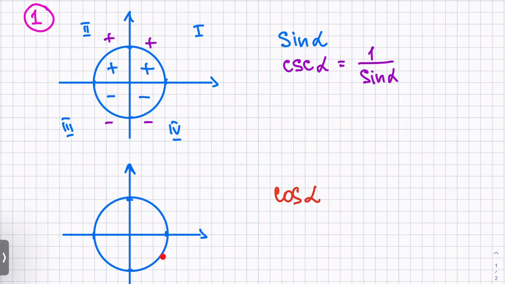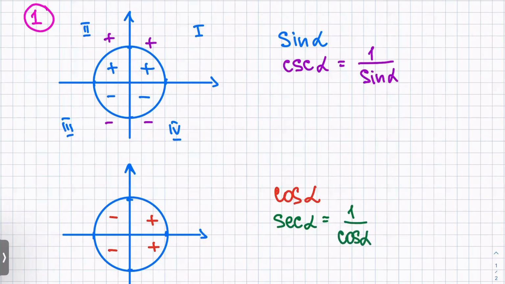They are also positive in the fourth quadrant. So cosine has a positive value in the first and fourth quadrants. And cosine will have negative values in the second and third quadrants, because the x value is negative there. Similarly, we can determine all the signs for secant, because secant is the reciprocal of the cosine function.